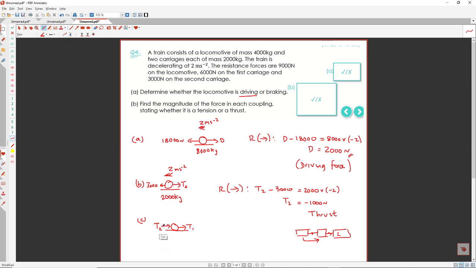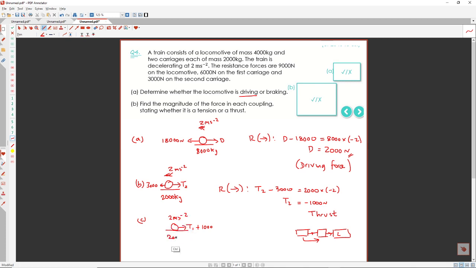So really what we have is T1 plus T2, which is 1,000. I'll write my 2 meters per second acceleration there.